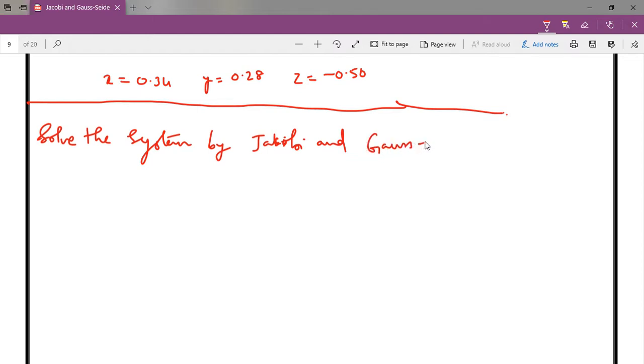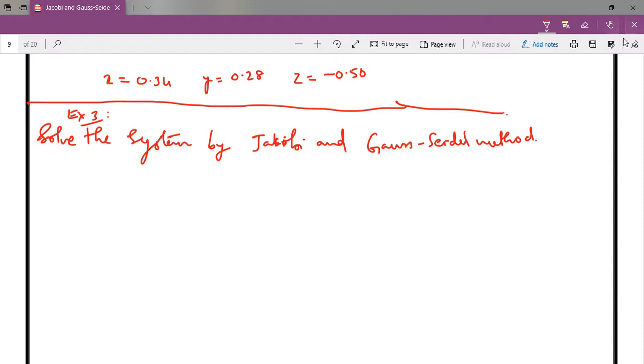So we shall see the same system with the two methods and we shall compare which method is faster and which is slower. Okay, this is an example. Example 3. Right.